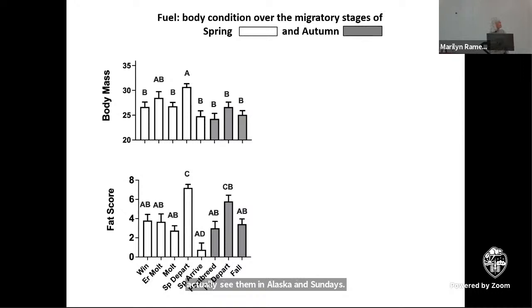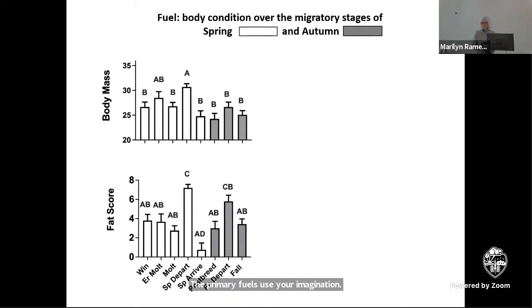So let's look at body mass, and you can see that it's not terribly dramatic. We're actually seeing a slight increase from molt to spring departure, but not much change in fat. We look at fat score. Of course, fat is one of the primary fuels used during migration.